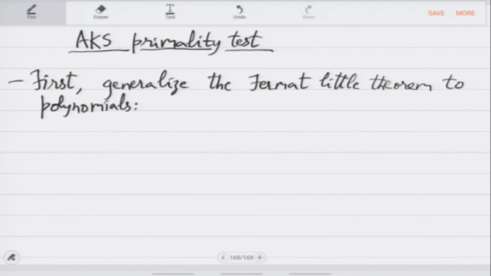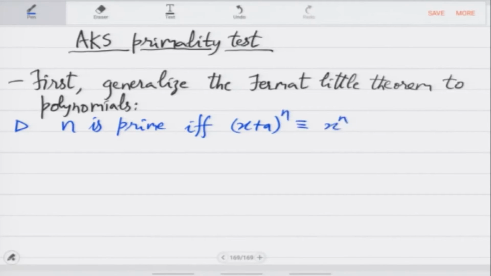What does it mean for polynomials? So we first make it slightly more general. So we say that n is prime if and only if (x plus a) to the n is x to the n plus a mod n.